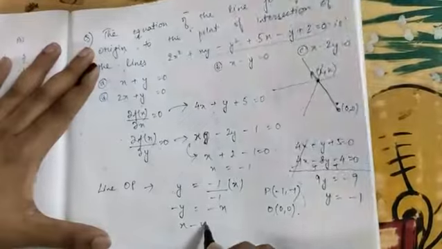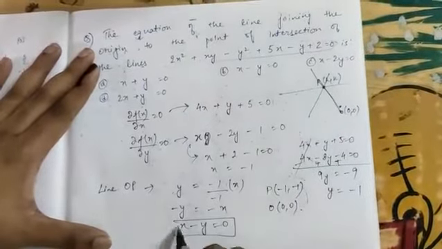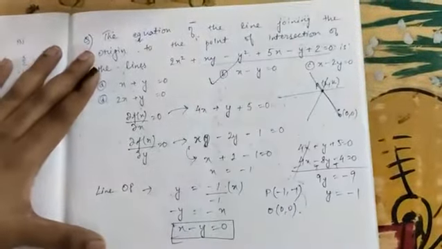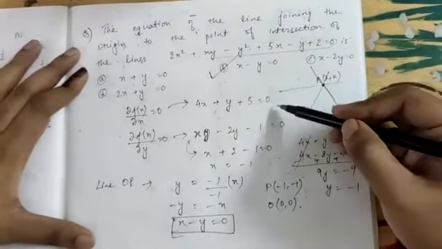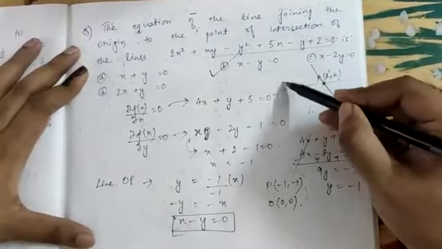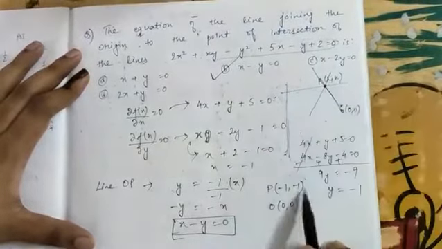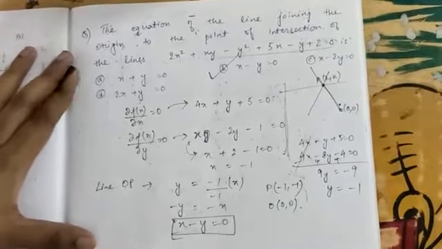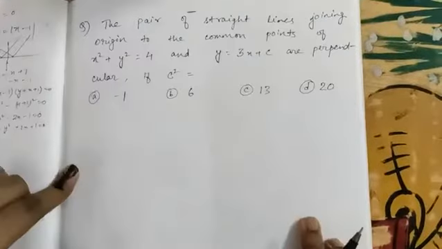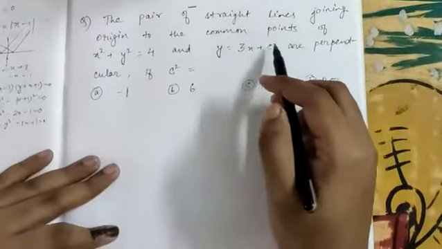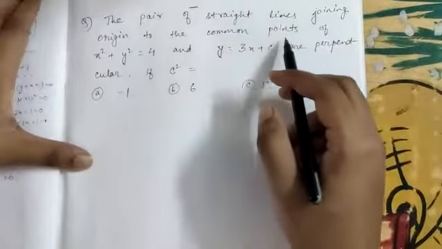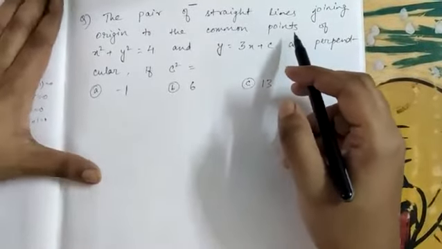So x minus y equal to 0 will be the answer. I think the second method is quite easy and familiar, and it will take much less time than method 1 to find the point of intersection of the given pair of straight lines.